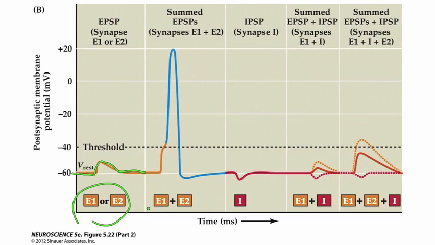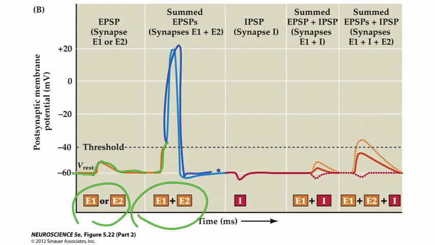So look at what happens if now we activate excitatory input 1 and 2 concurrently. Now we can generate a postsynaptic potential that sums up. And the sum of these 2 potentials is sufficient to achieve action potential generation threshold. And as a result, we have this nice action potential that fires.